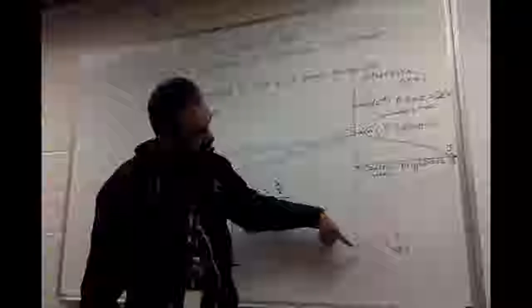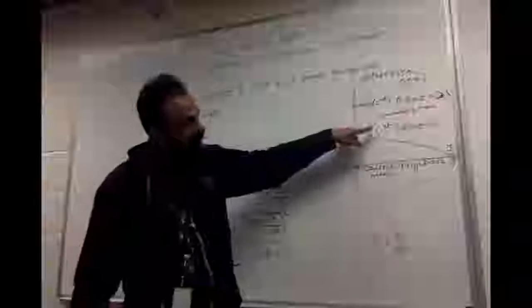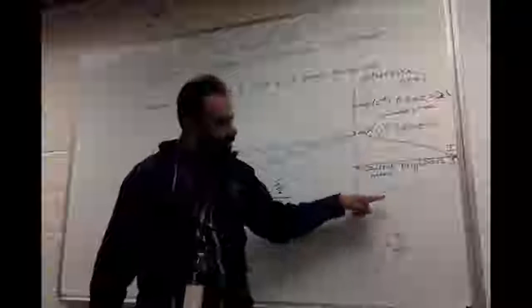So that's the y-axis, and that's your x-axis. And you can see the intensity is highest here, minimum, second minimum, third minimum, fourth minimum, on either side. Okay. So this is the idea of diffraction.